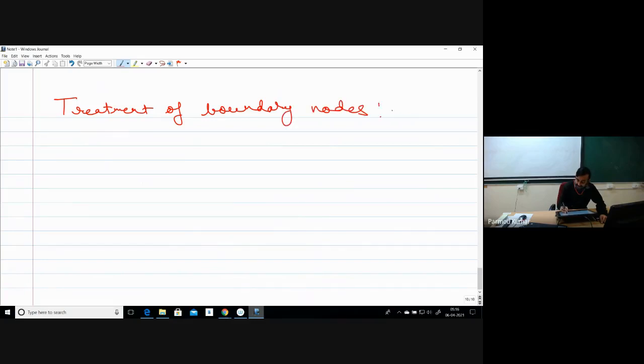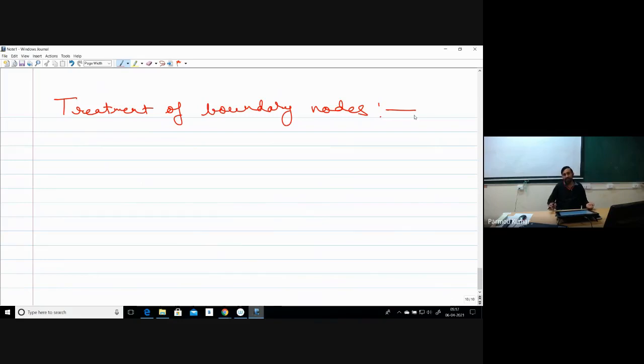So this is one very important aspect which I have not even talked about with the QUICK scheme. It is applicable for QUICK, and also for TVD schemes. Any of the higher order schemes, if we are increasing the order of accuracy, we are taking more participation from the nodes.